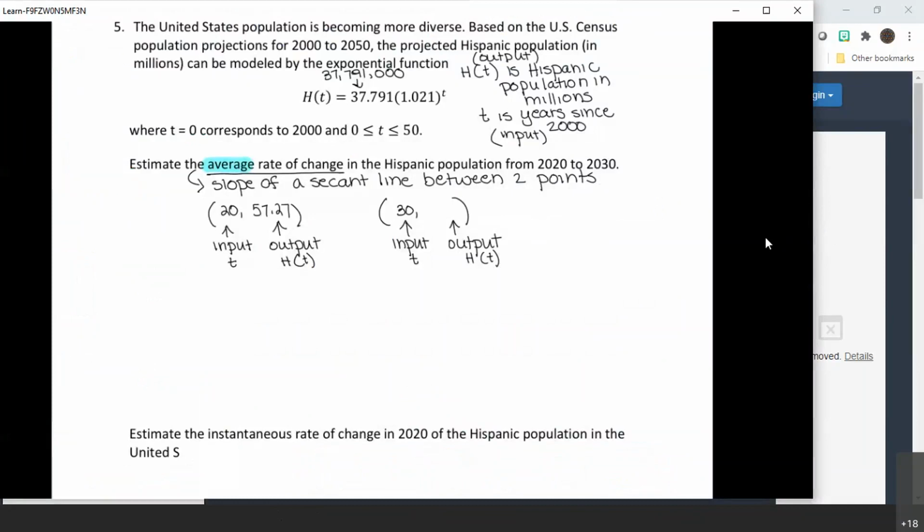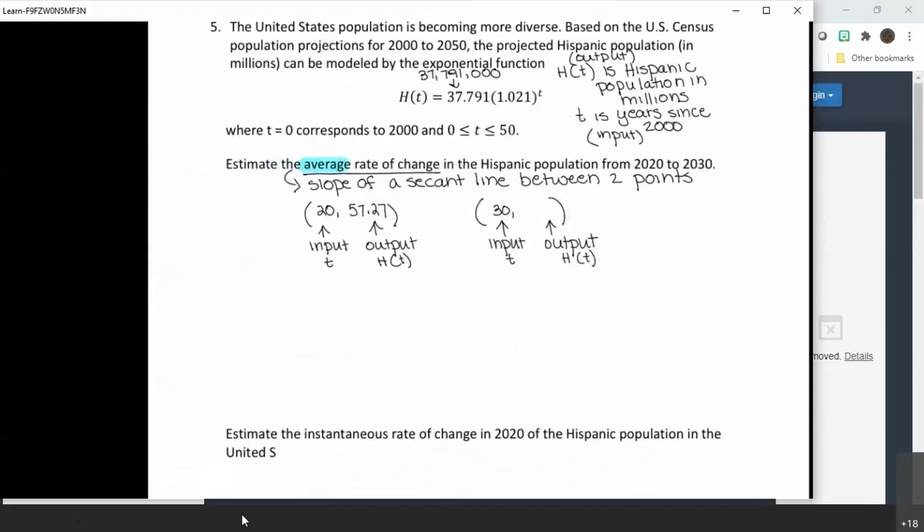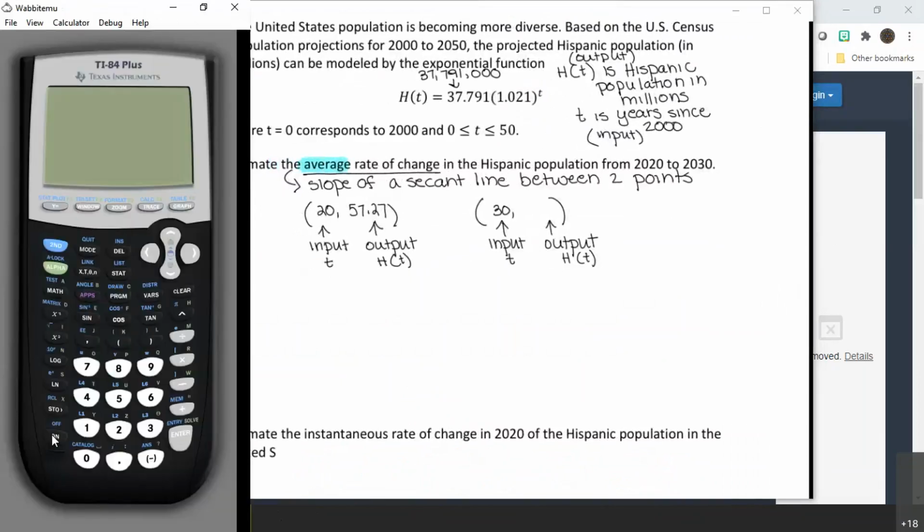Then I'll do the other one on the TI, so folks that have a TI can see how that works. Hopefully you can still see the TI. I'm still sharing that with you. Again, that's the same model, 37.791 times 1.021.